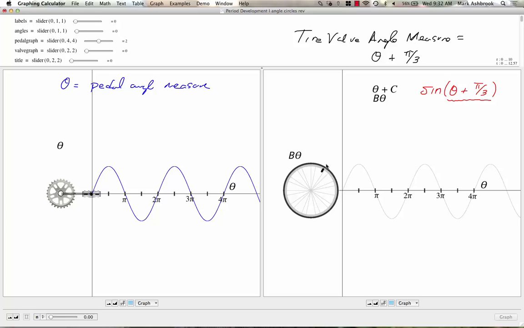Matt. Right, he said it's ahead, so it's going to start before. So right here at angle 0, when I turn on the tire valve graph, what are you going to see?